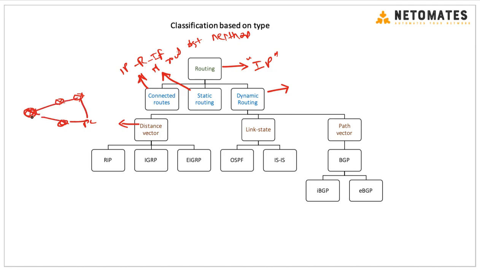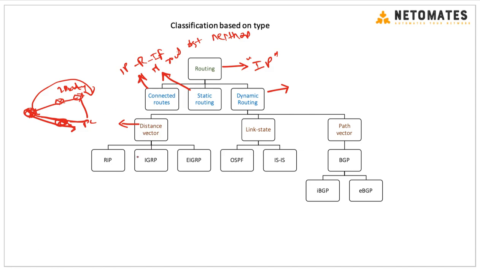In distance vector routing protocol, this router will choose the path in this way, because there is only one router in the next hop. If it goes on the other side, it has to cross two routers, so that will be a longer route. So distance vector is similar to this.